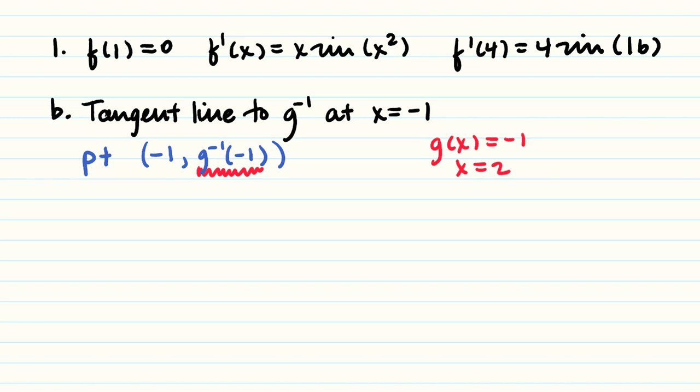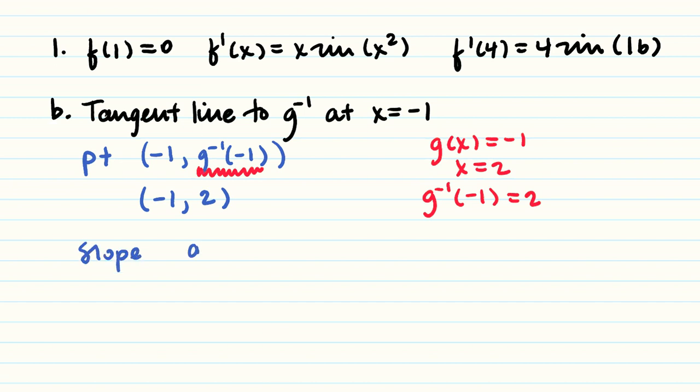And that's me reminding you that g inverse is a function that takes in what you would consider to be y's and gives you back what you would consider to be x's in this course. So I've got x equals 2, so I've got a point -1 and 2. And I probably need to explicitly say that g inverse of -1 is equal to 2, because g inverse is an x value. Okay, we need a slope.